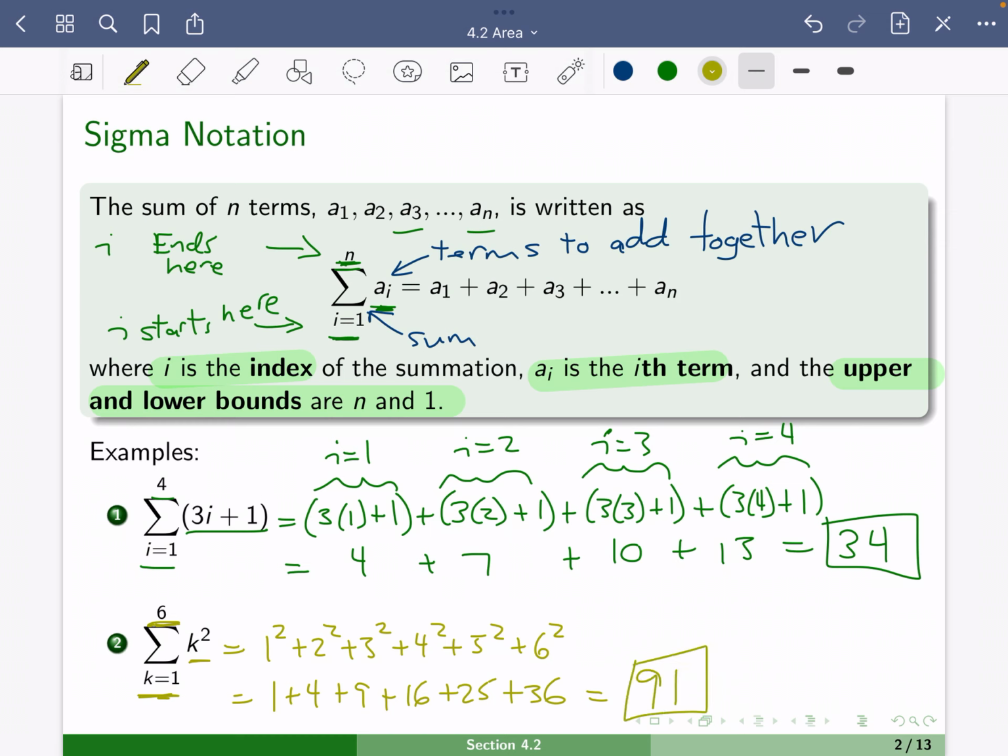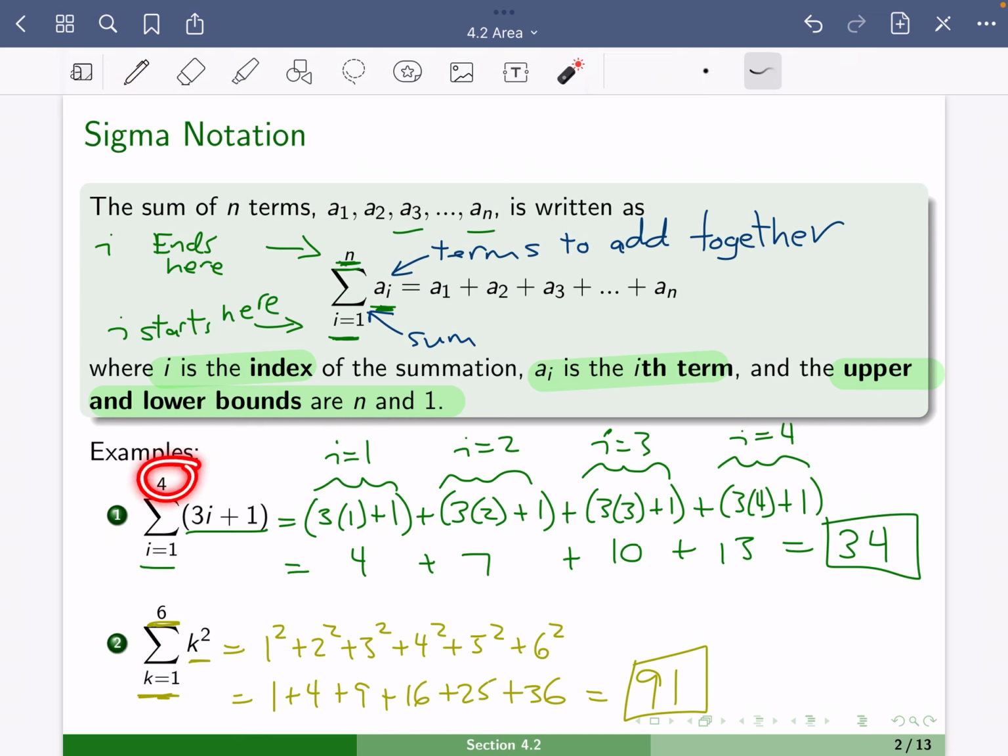So that is the sigma notation. That will be important for us to know as we look at trying to find some of these areas that are a little bit less standard. In our next video, we're going to look at a lot of summation formulas that will help us to evaluate some of these when we are going up to larger values.